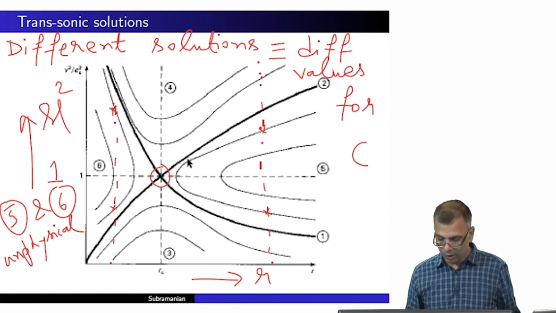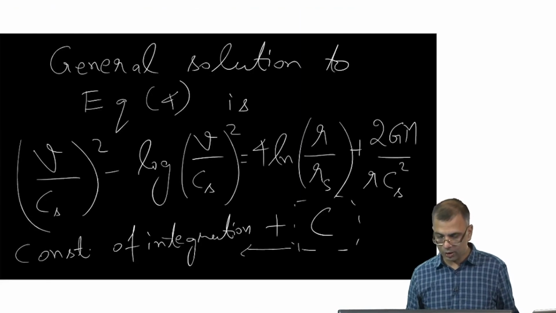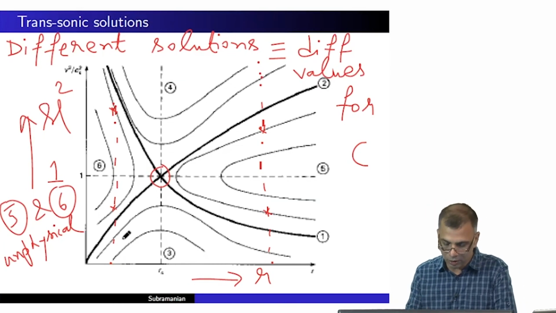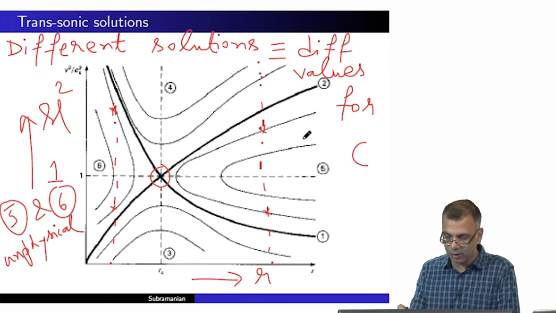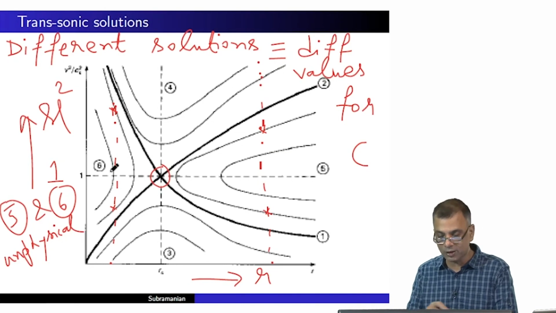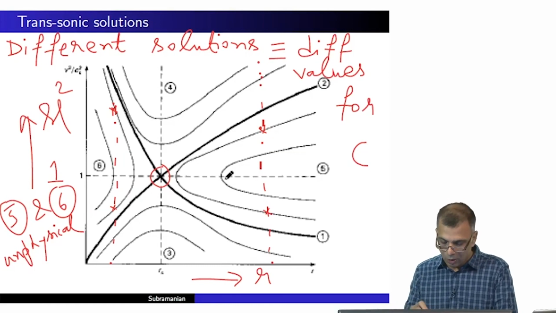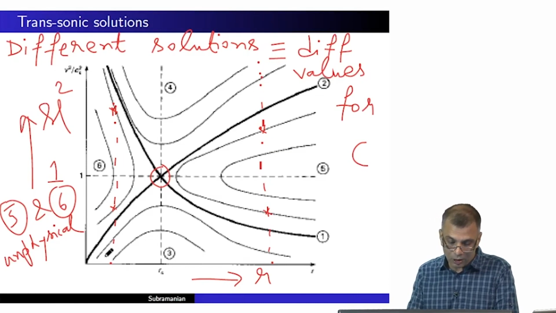However, this equation admits solutions that are not transonic. This also admits solutions of the kind 3 and 4. For that matter, it also admits solutions of the kind 5 and 6. But as we discussed, solutions of the kind 5 and 6 are unphysical, so we don't bother about them anymore. What are solutions 3 and 4? Solutions 3 correspond to the ones which remain subsonic throughout.